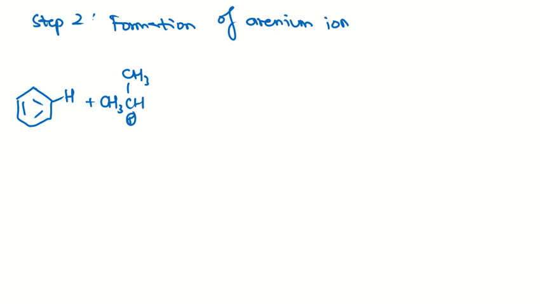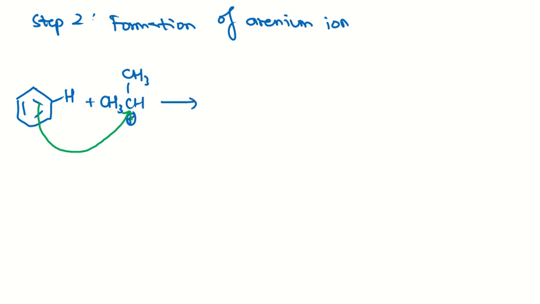Okay, in step number 2, benzene, which is a high electron density reagent, or nucleophilic site, becomes the nucleophile. So in this case, one of the pi electrons in the benzene ring will attack the positively charged carbon in the electrophile, forming the arenium ion.